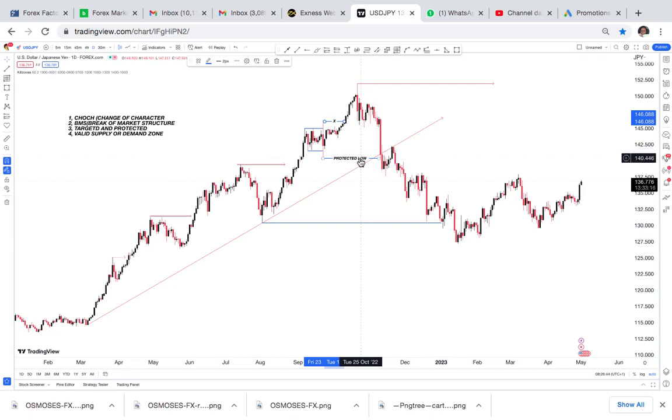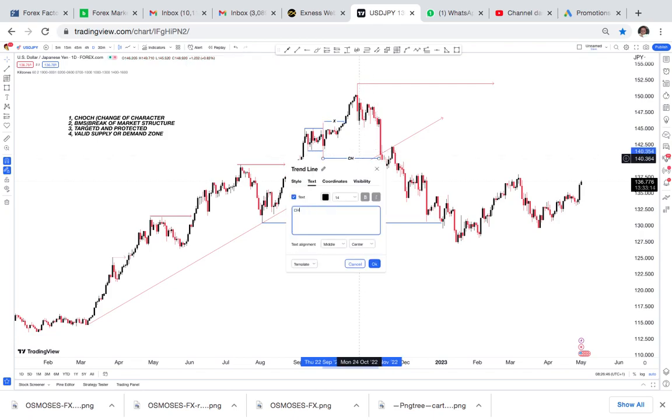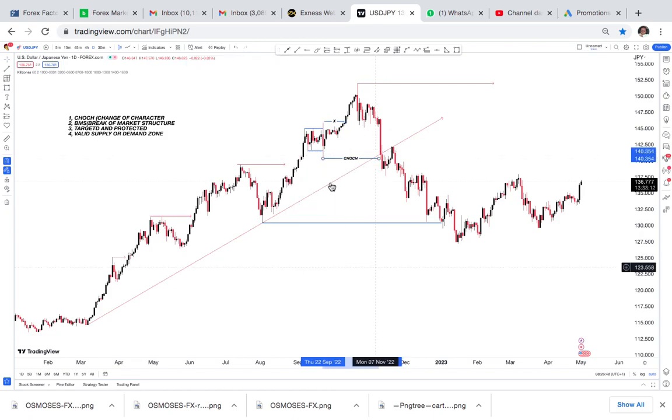Then this place becomes my Choch, because this was my immediate low that pushed price upward, and I'm expecting price to retrace down to this zone and buy up this candle. But price tapped into it, moved first, second, and third, and it broke it. So this is where the Choch starts from.